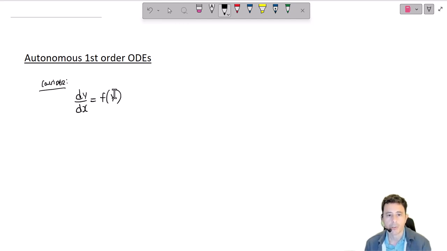This is a first order ODE. We can isolate the derivative on one side, and on the other side we put everything else. Notice that previously we had an expression that could have y and x, and we would perhaps draw points, with a column for x, a column for y, and a column for the derivative, and we plot points and see what the derivative looks like.